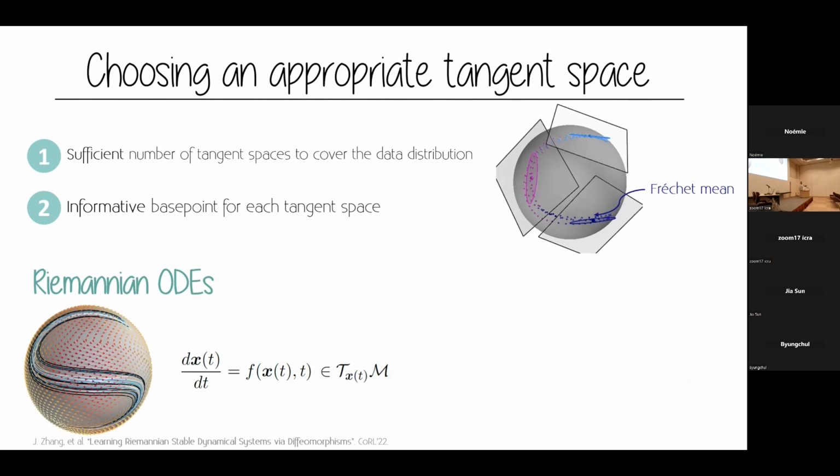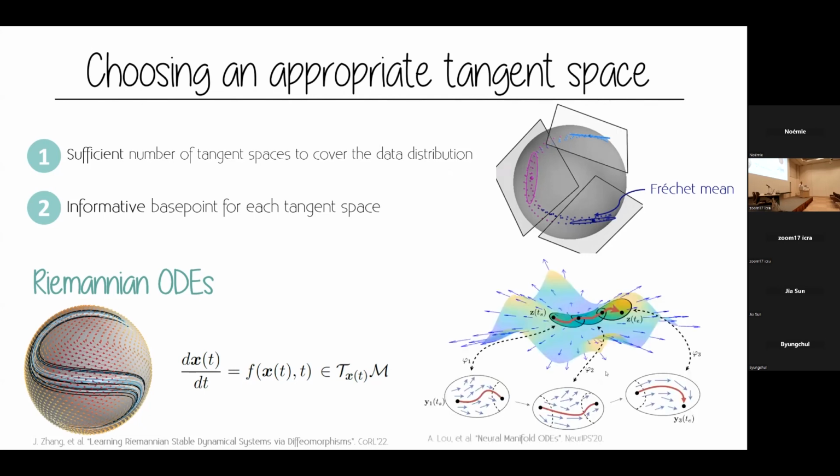Some approaches are called projection-based approaches, where they just disregard that they are on a manifold. They roll out an ODE for a certain number of iterations, and then they project back with a projection operator. However, this is a quite inaccurate way to solve an ODE on a Riemannian manifold.